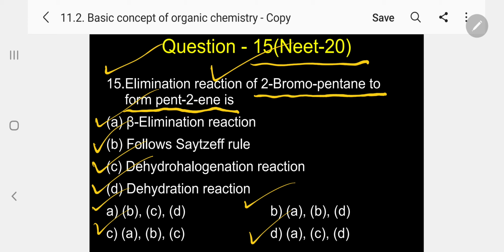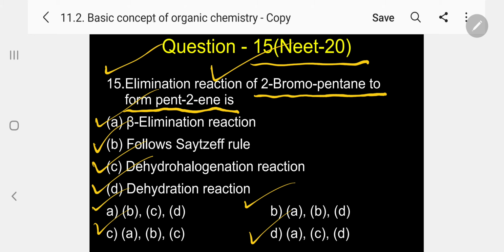It is a very complicated question because so many options are given. You must first understand what an elimination reaction is. During elimination of 2-bromopentane, you must understand what is happening.